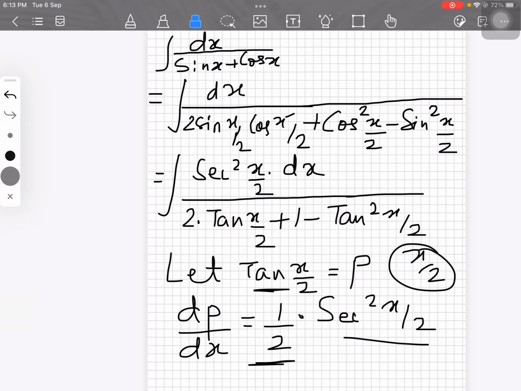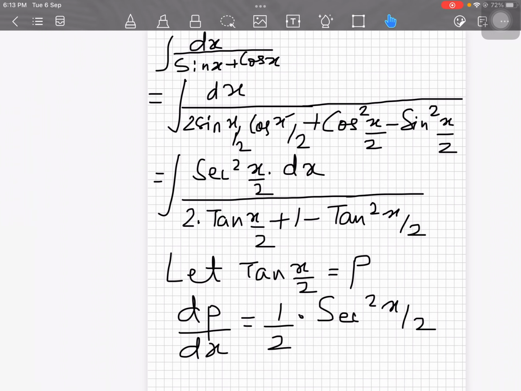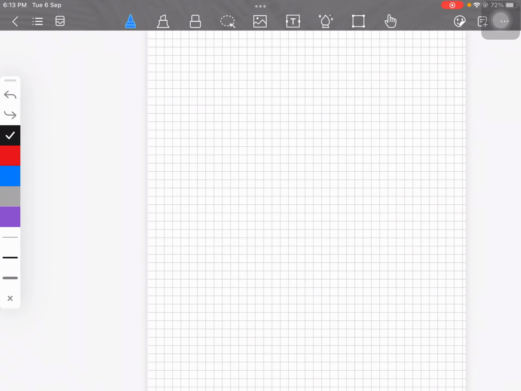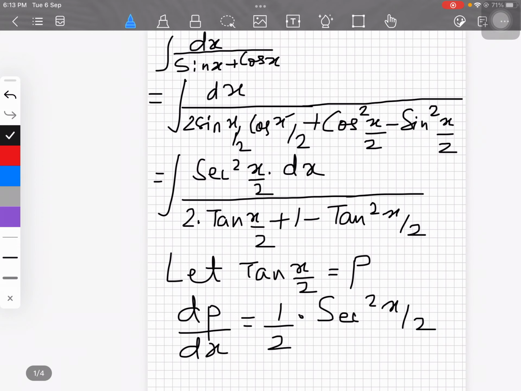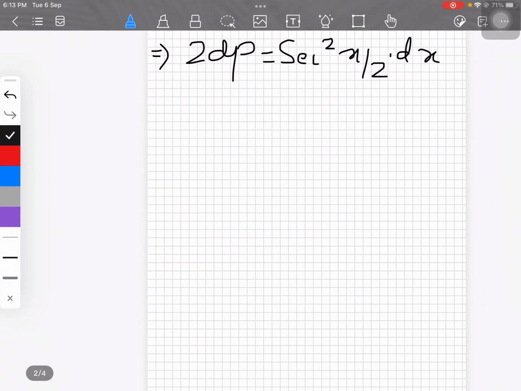It's simple differentiation. So what we get is 2 dp equals sec square x over 2 times dx, and we have sec square x over 2 times dx in the integral, so let's replace them in the above form.